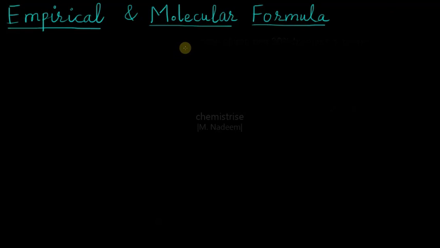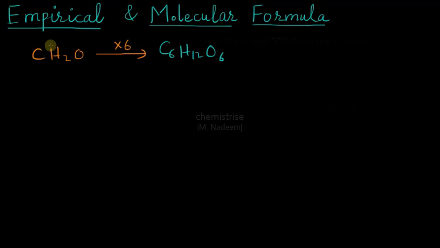Now let's see how to find the molecular formula from the empirical formula. For example, we have the molecular formula of glucose, that is C6H12O6. Its empirical formula would be the simple whole number ratio, that is CH2O. If you look carefully, you need to multiply the empirical formula by 6 to get the molecular formula.